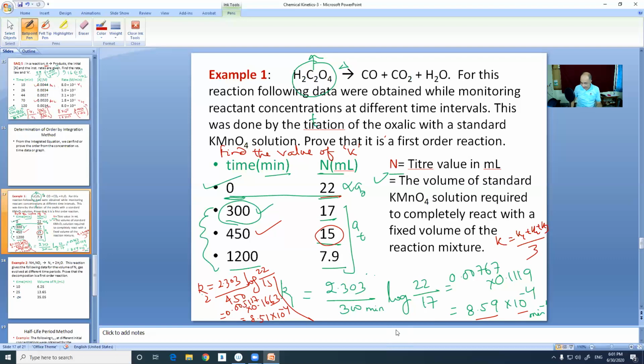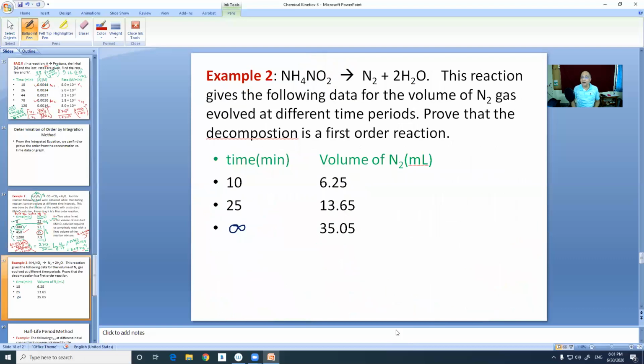right? So in another numerical, we will be following the product. Then let's see what it will be proportional to, which is A0, which is A0 minus X. If you are following product, then that is X. And what is A0? A0 will be found when all the reactants have been converted to product. That is called infinite time period, right?